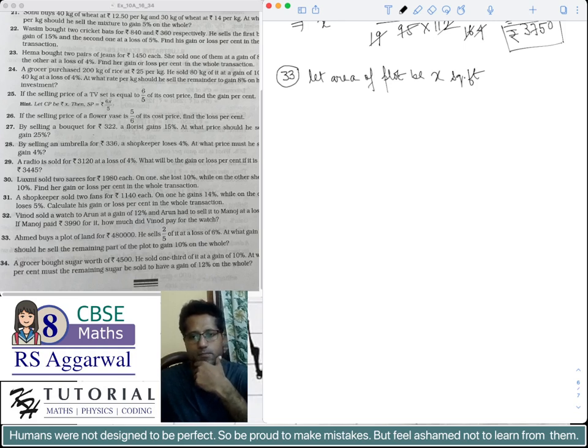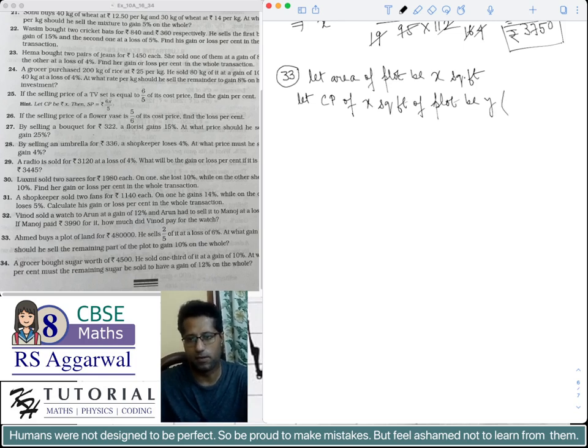Also let CP, that is the cost price, of x square feet of plot be Y, which is actually given as rupees 4,80,000.